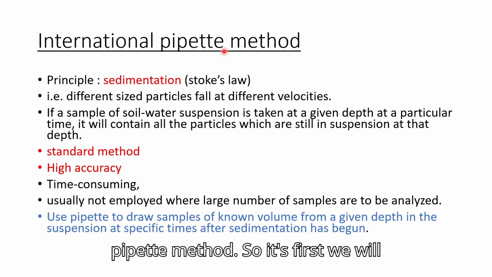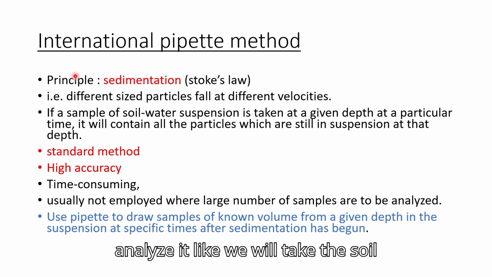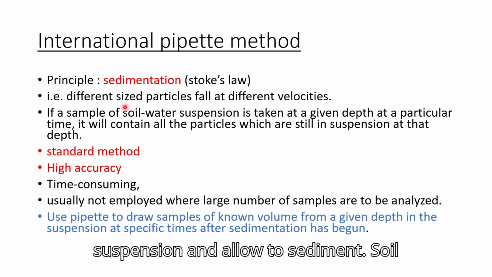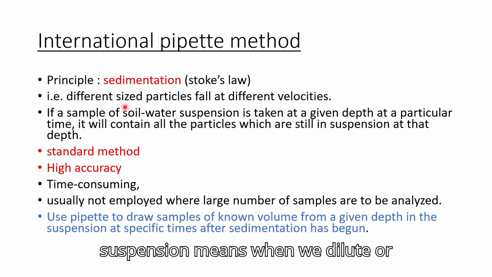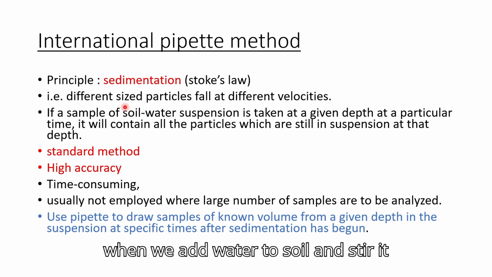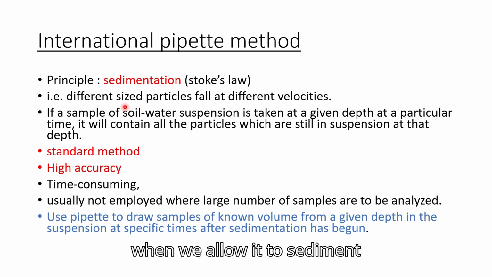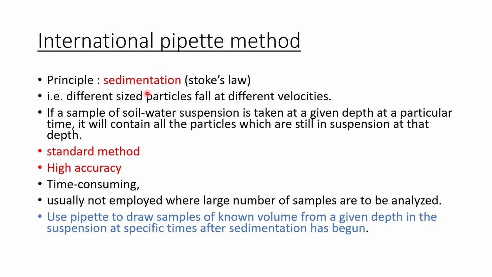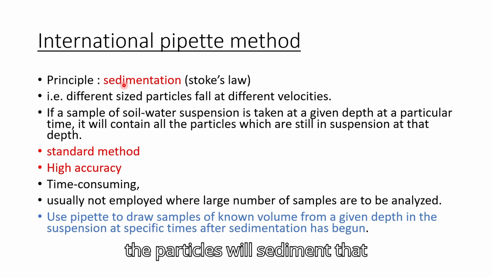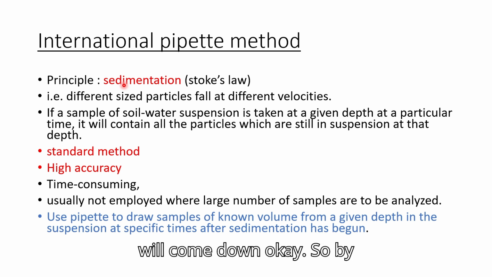The international pipette method. First we will take a soil suspension and allow it to sediment. Soil suspension means when we add water to soil and stir, we get a soil suspension, and when we allow it to sediment, the particles come down.